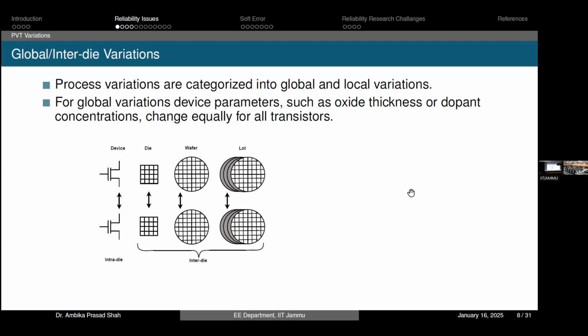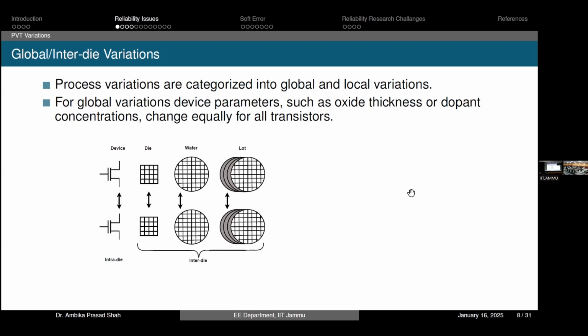Of course, you cannot remove 100% of the variations. But there is some threshold, some range, up to which your circuit will work properly, and that is tested by Monte Carlo simulation. You can test from there.